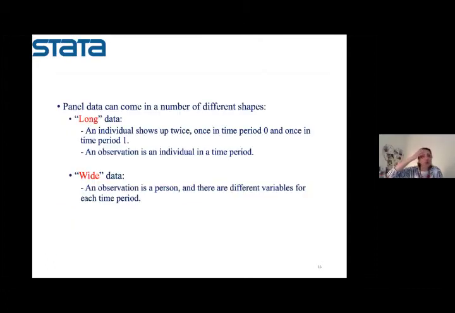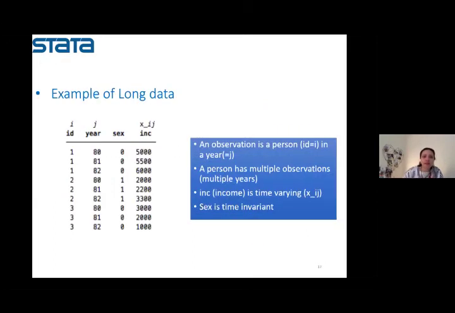We have two types of data. I think Dr. Chahir talked about it yesterday, but just to refresh your memory, we have what we call the long data type, and it looks like this. For each individual, you have many lines based on the number of years you have. So here, for instance, for individual 1, we have his information, because he is a male, in 80, 81, and 82. You have his income over the years.